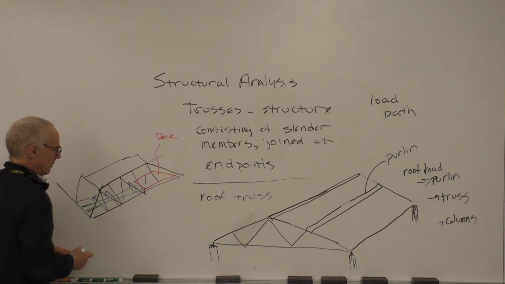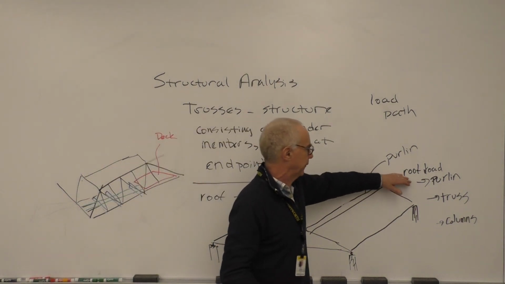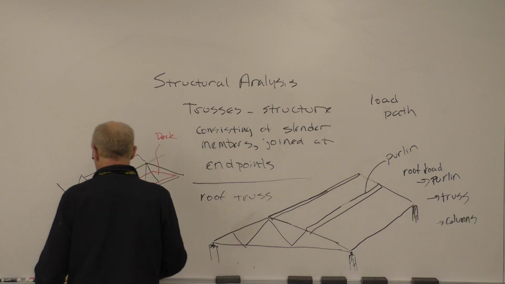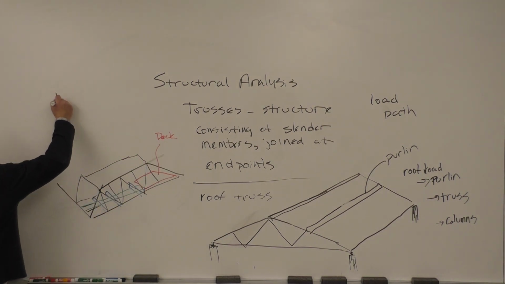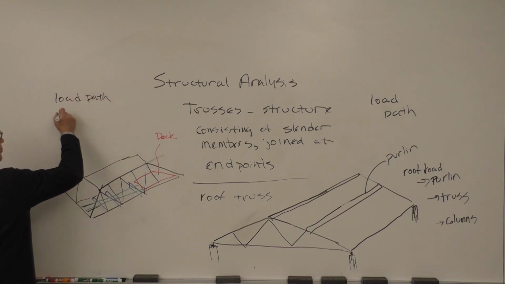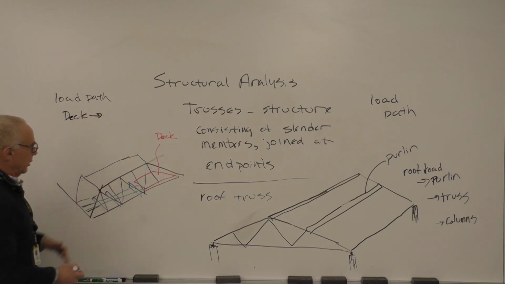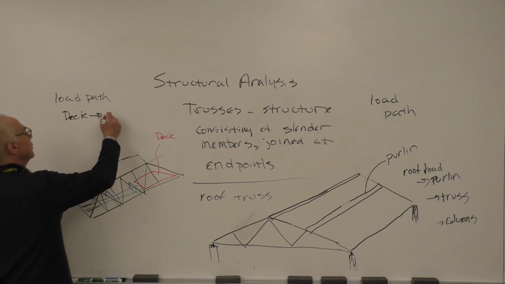So we have the same thing, just like we had a load path here, which went from the roof to the purlins, the truss to the columns. In this case, our load path is going to go from the deck to our, what they call stringers. Oh, excuse me, deck. Yeah, I think the stringers go on top and then the floor beams are underneath.